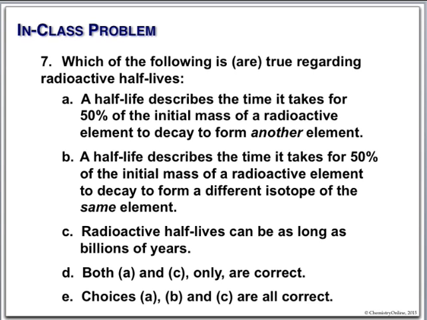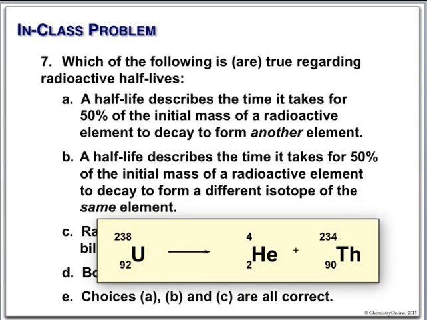Think about what happens when we have a decay. Let's just look at this guy. This is uranium-238. It's going to decay by losing an alpha particle. An alpha particle has 2 protons, 2 neutrons for a mass number of 4, same as a helium nucleus, but we form thorium. We form thorium because we lost these 2 protons, so the atomic number drops.